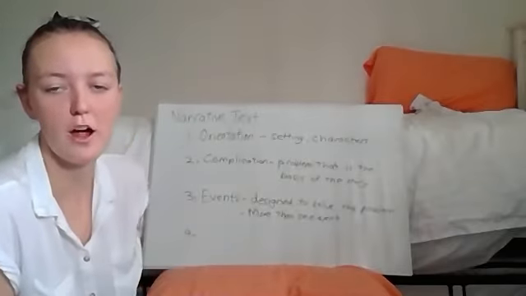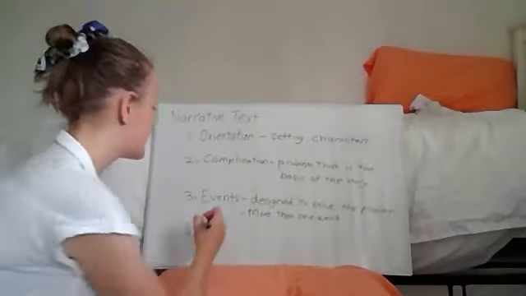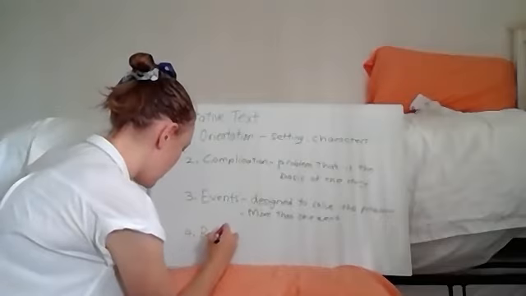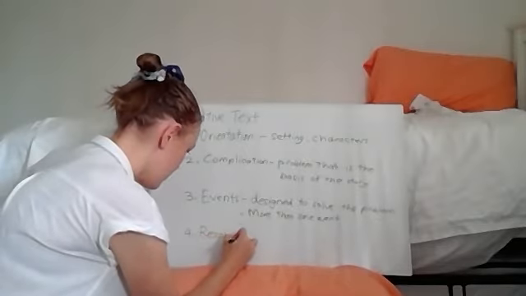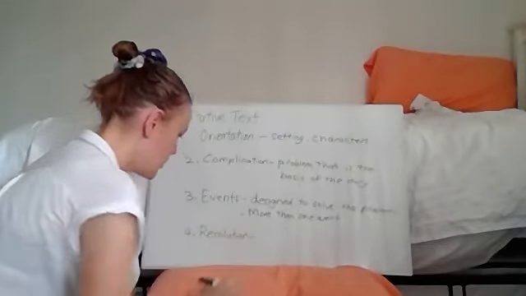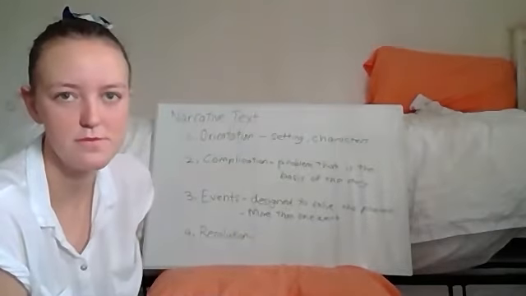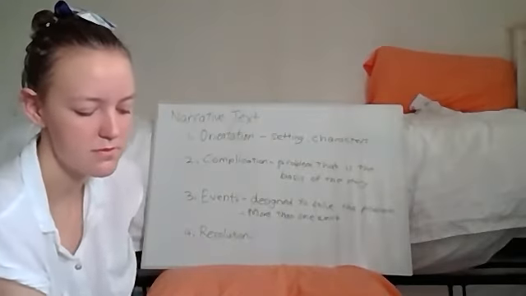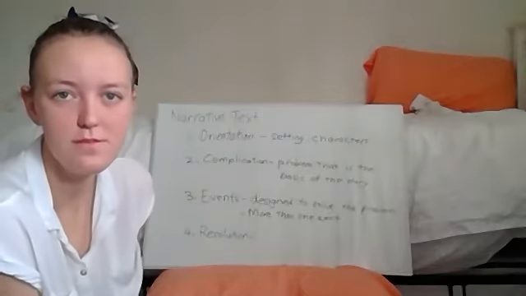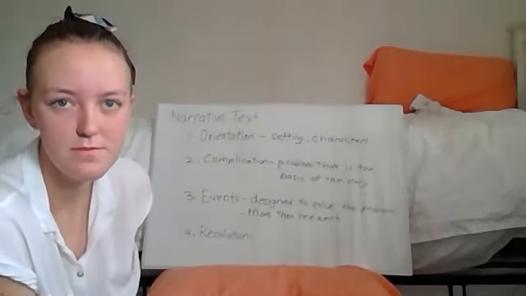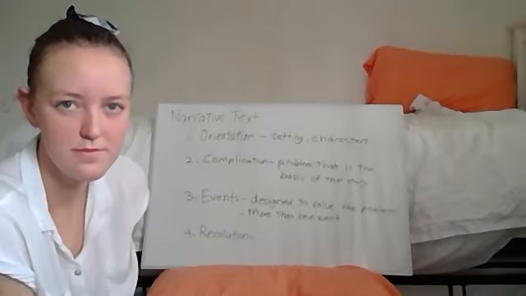But the last and the fourth structure or part of a narrative text is the resolution. It's a big word. So can anyone guess what a resolution is? I guess the resolution would be how they ended up solving the problem or how they ended up wrapping up the problem sort of thing.